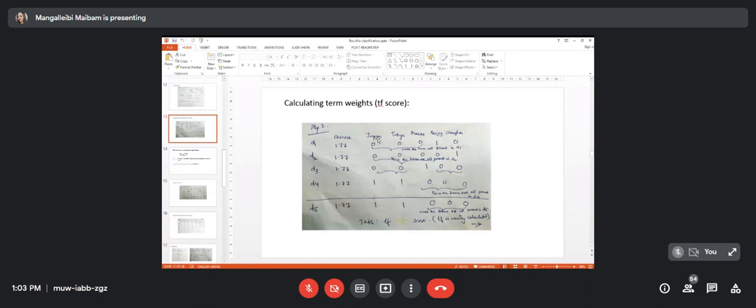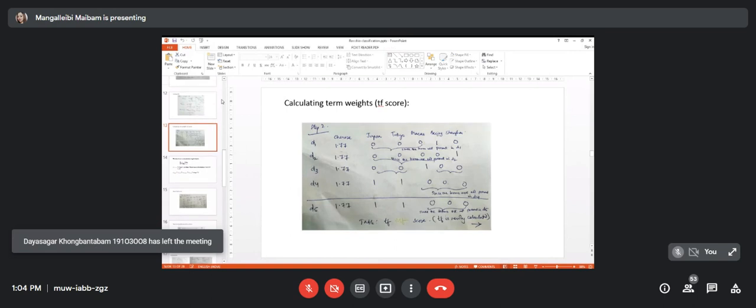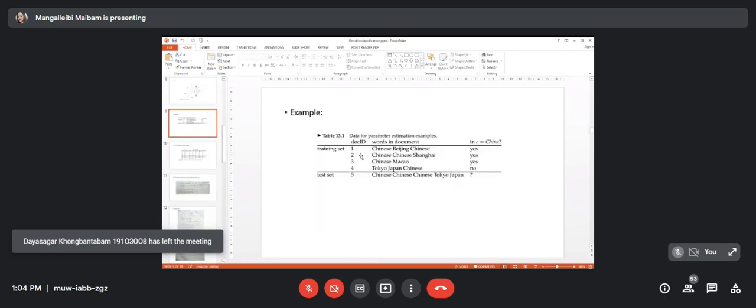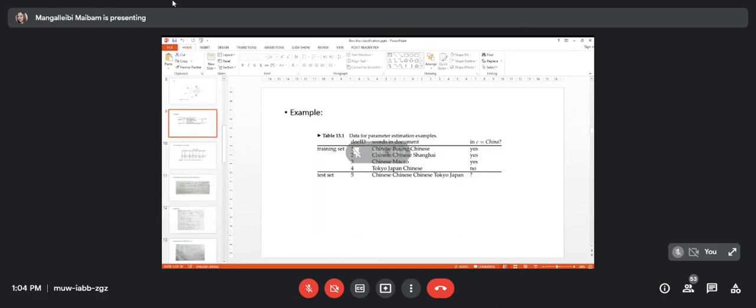That's why I'm writing 0 for Japan, Tokyo, Macau in D1, because in D1 these terms are not present. So the term frequency is equal to 0, and there is no need to compute the new TF score for Japan, Tokyo and Macau in D1. Only Chinese and Beijing are in D1.